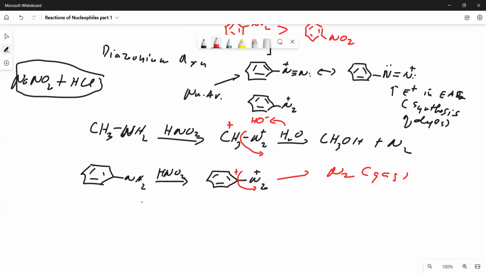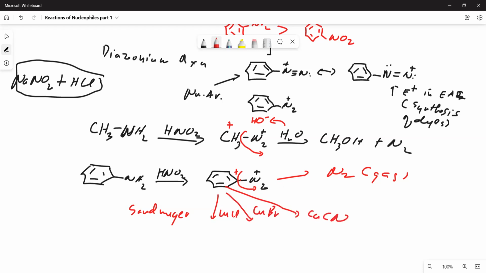Okay. So for example, in the Sandmeyer reaction, Sandmeyer utilizes copper salts like copper chloride, copper bromide, and copper cyanide.